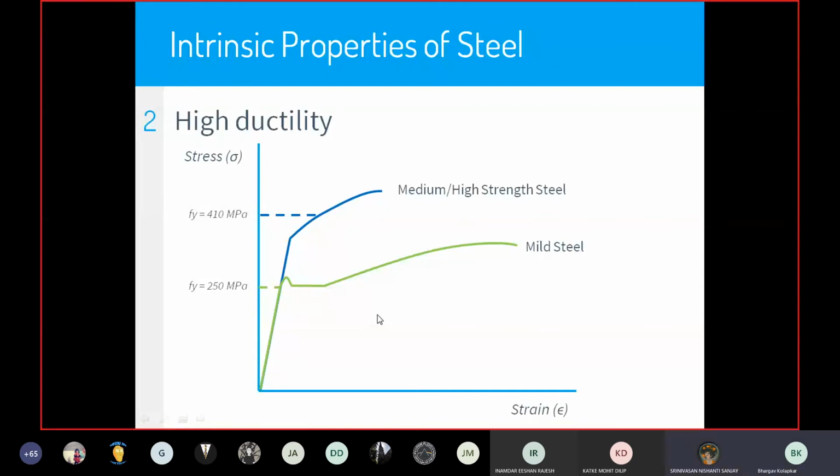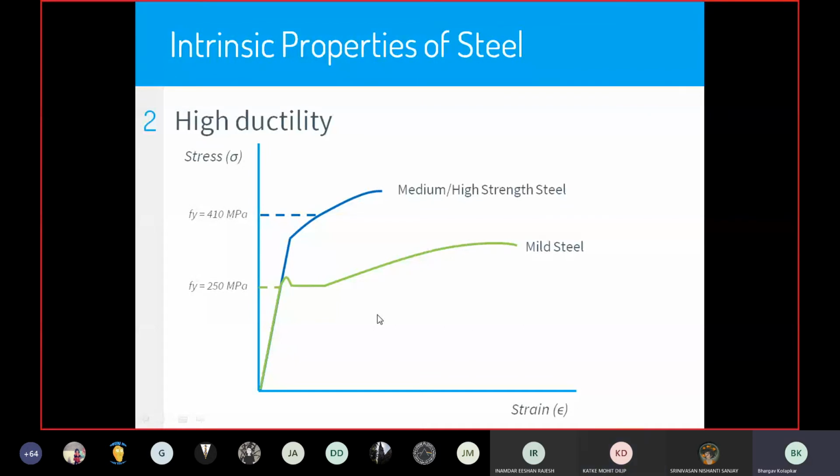So ductility is the next intrinsic property. Can someone tell me why I am emphasizing so much on ductility? Any particular situation that you can think of where ductility is quintessential? It'll show the deflection. Yes, that is correct.